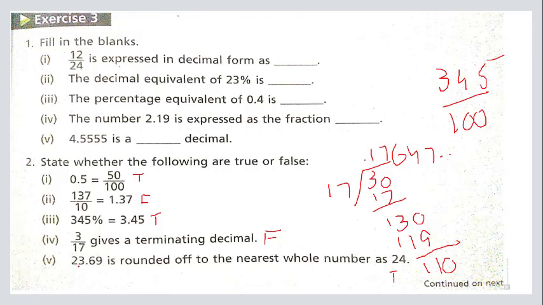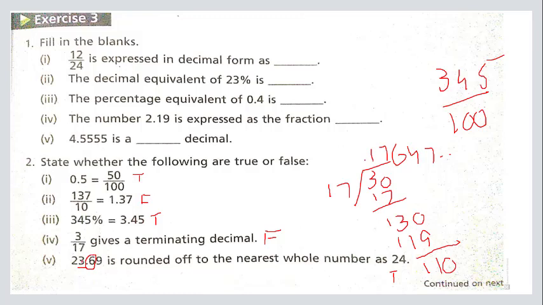Now 23 is a whole number, right? After 23 there is a point and then 69. So we are actually rounding off to this number, which is 3. After this 3, the next number is 6. So we need to circle this 6.